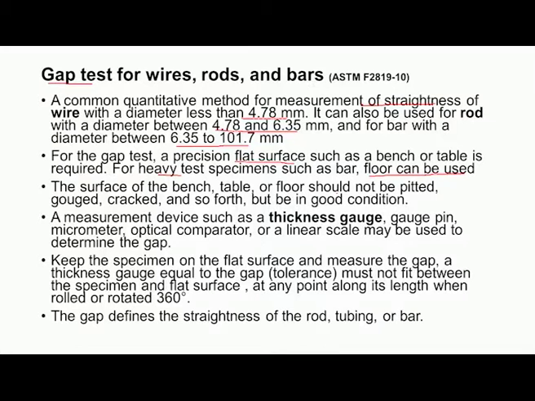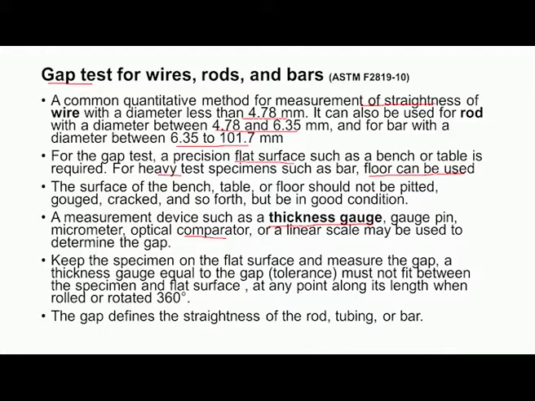There should not be any cracks or pits. The surface should be in a very good, cleaned condition, and we have to use a measurement device such as a thickness gauge or gauge pins. Micrometers and optical comparators can also be used to measure the gap.